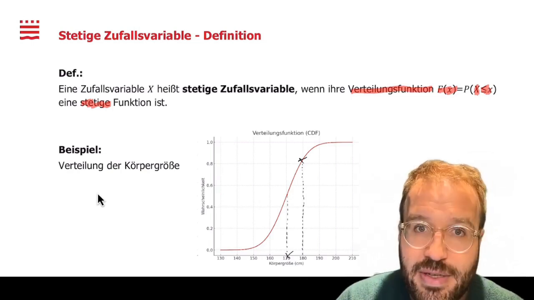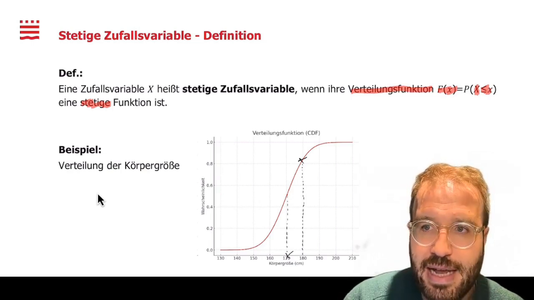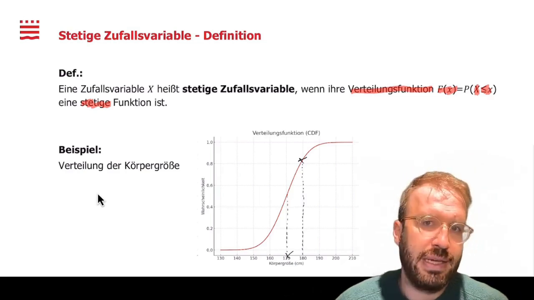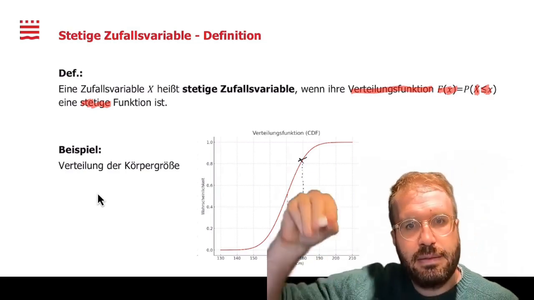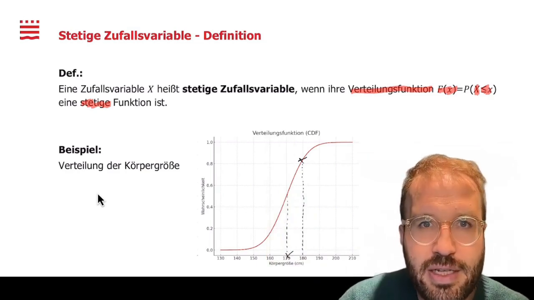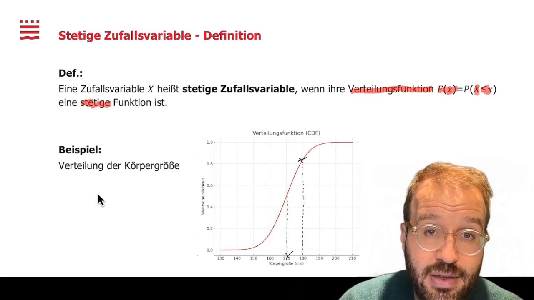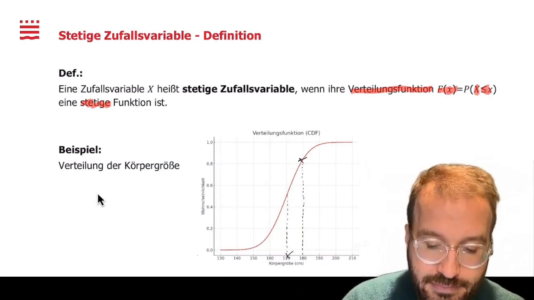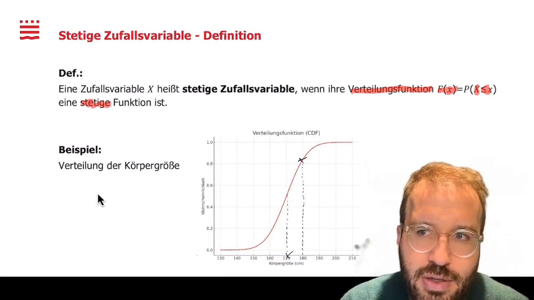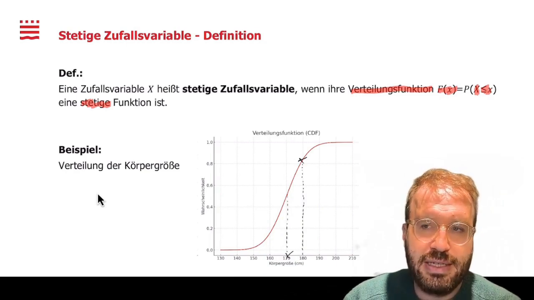And continuous means, in this case, perhaps you learned this in school, that I have a kind of curve that I can draw without lifting my pencil, or, as it is also said, without having jump points. Why do we not have jump points here?